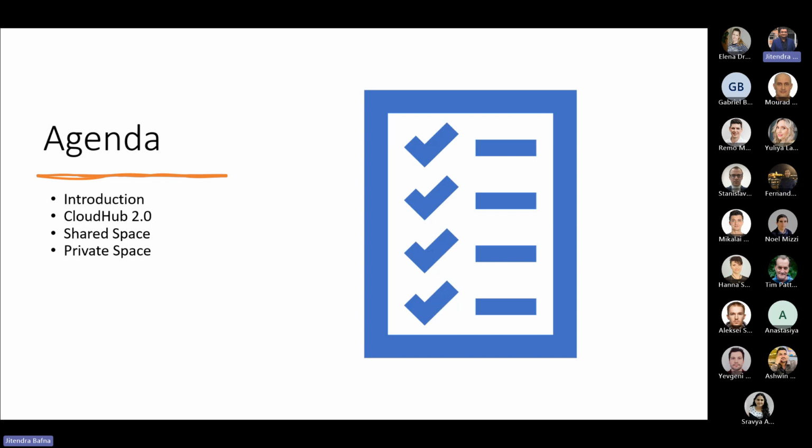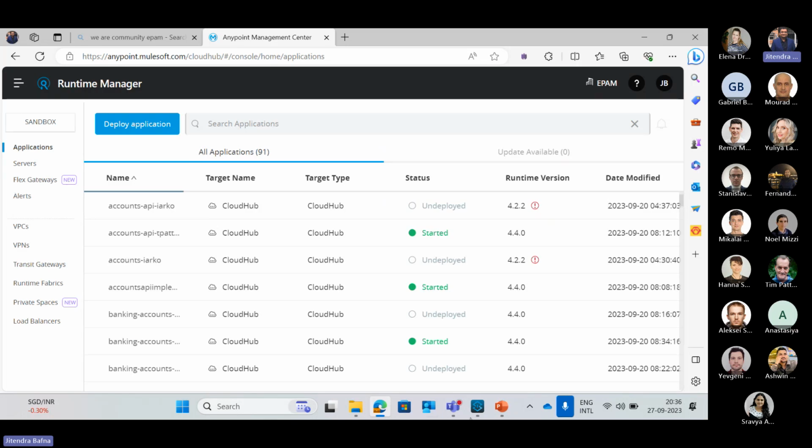Before I start with the actual session, I will create a private space, because once I create a private space, it will take 30 minutes to be up and running. So let me create it before I move into the actual session. For creating the private space, log into the Anypoint Platform and go to Runtime Manager. In Runtime Manager, you will see something called private space.